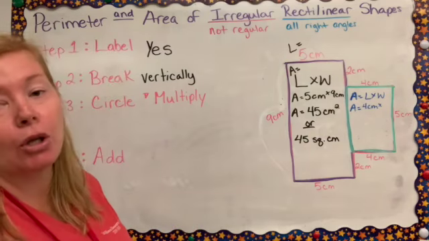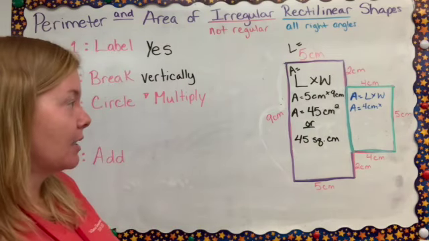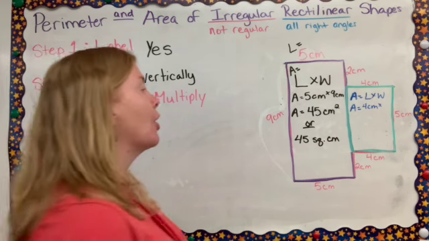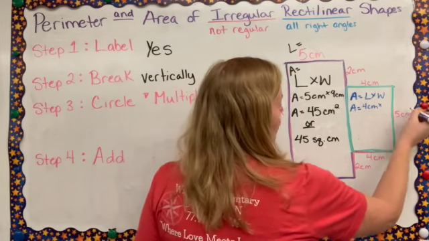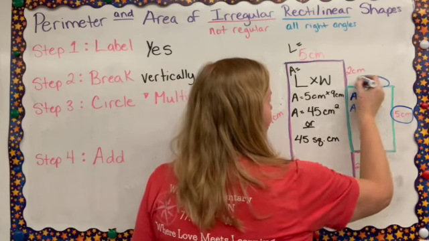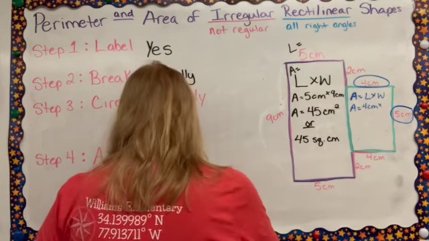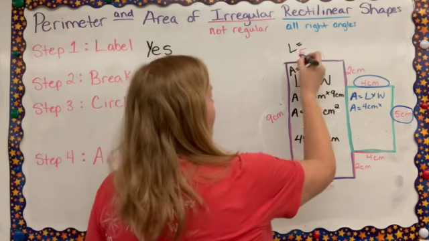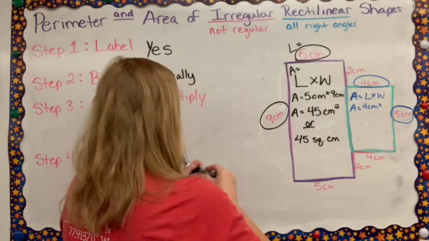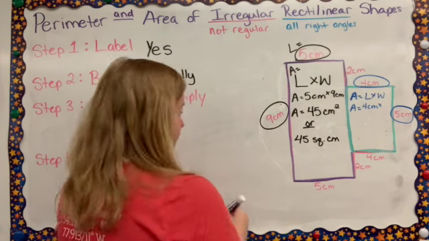So make sure you use the right measurement. What is the width? Perfect. We're going to use that 5. And we use the 4 there, and we use the 5 up here, and the 9. I'm using color coding to help you see things.